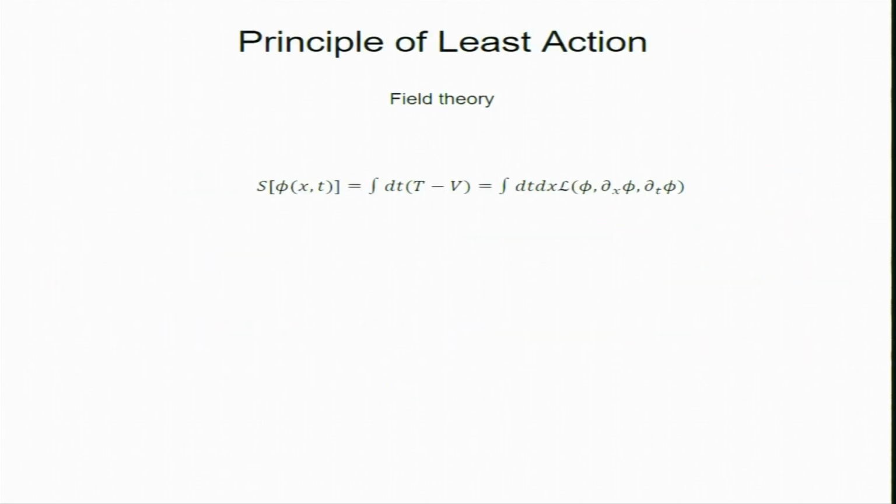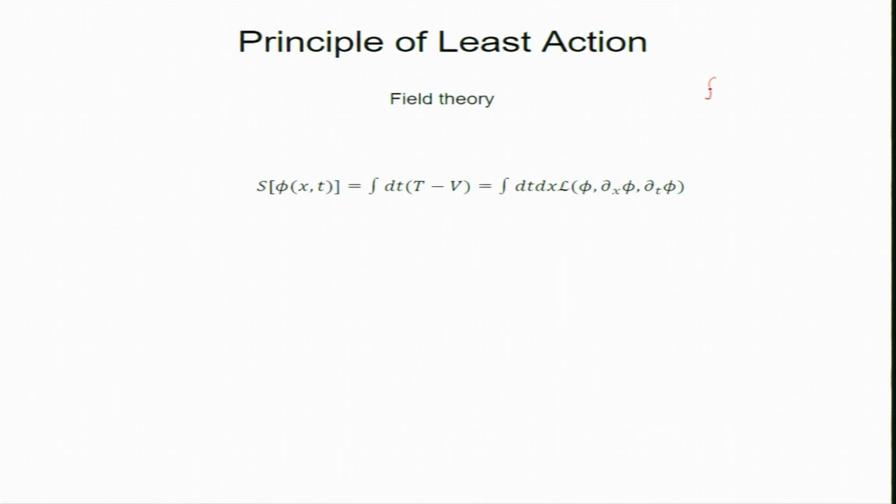Now, I am quickly going to derive the equation of motion using the principle of least action. For particles, the principle of least action says the particle follows a trajectory for which the action is extremum, actually not minimal, extremum.